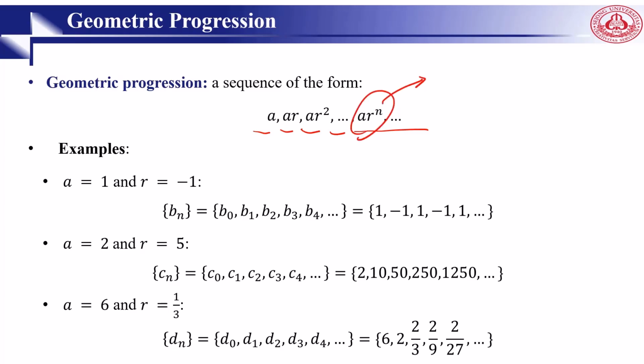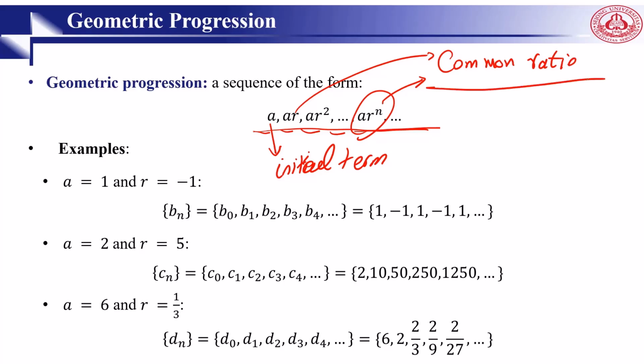Here a and r are fixed, common in all terms. We call a the initial term, and r the common ratio. So a and r are fixed, and n changes. These two are real numbers.